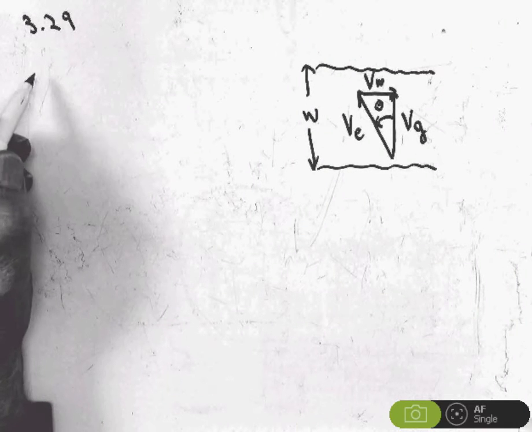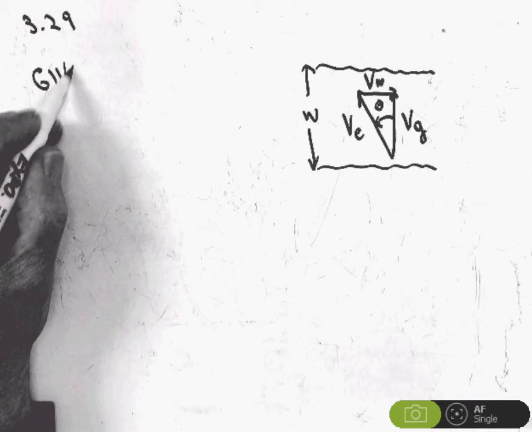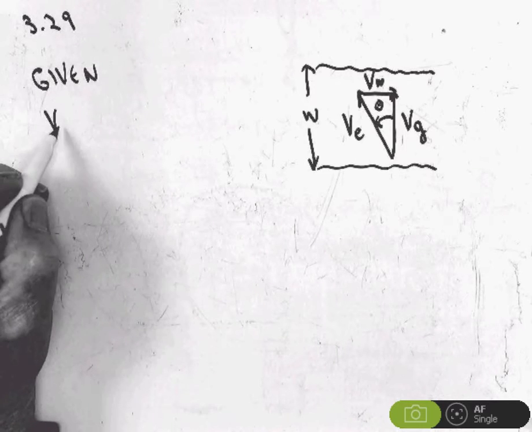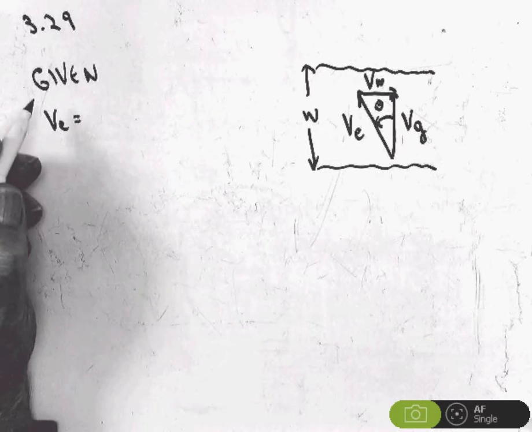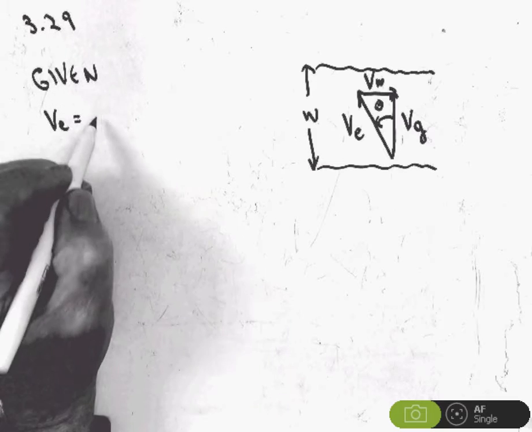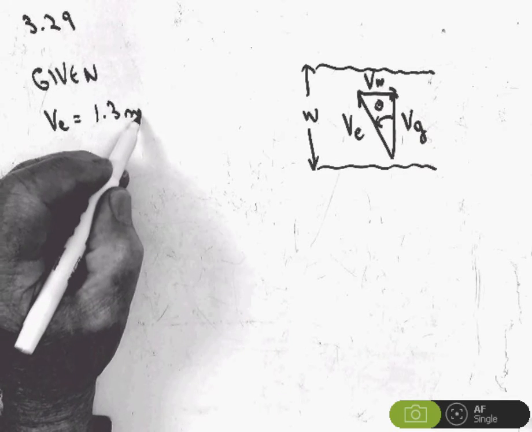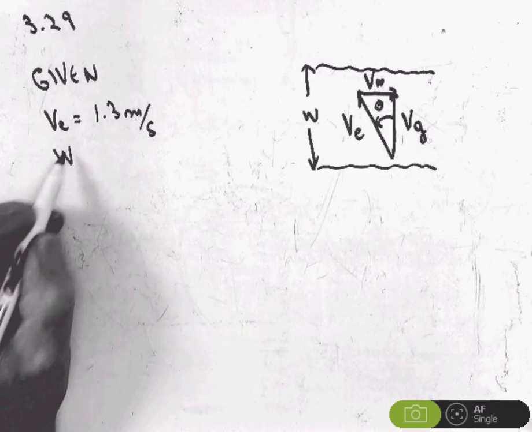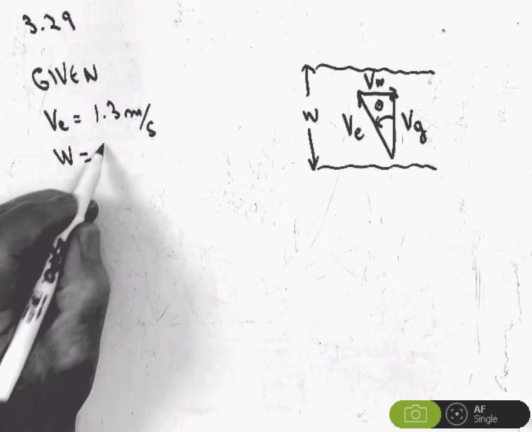So what's given is the velocity that you can row. I call it the velocity of the engine. You're the engine, okay? That's 1.3 meters per second. The width of the river is 63 meters.